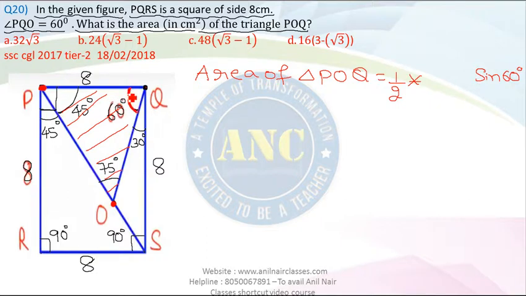That means opposite to 60 is PO. Forget about that side. What are the other two sides? One of the sides is PQ. Multiply that PQ. Another side is OQ. Multiply that OQ also. I hope you know this notation, sir. Right? This is also one of the ways of finding the area of the triangle.